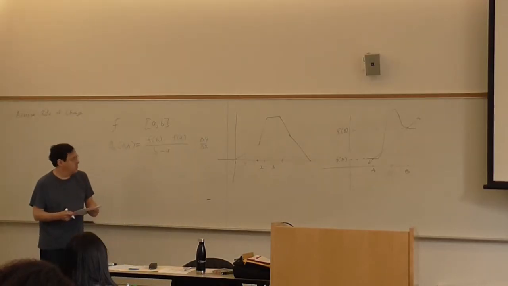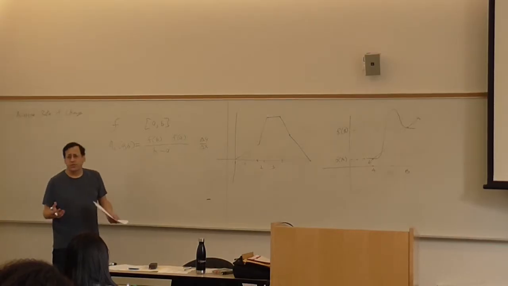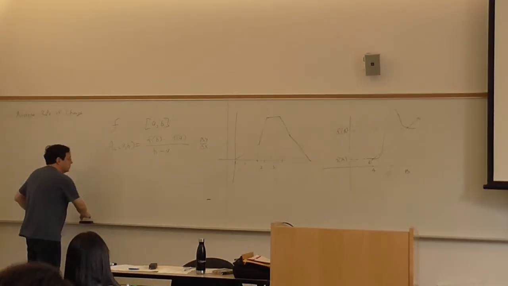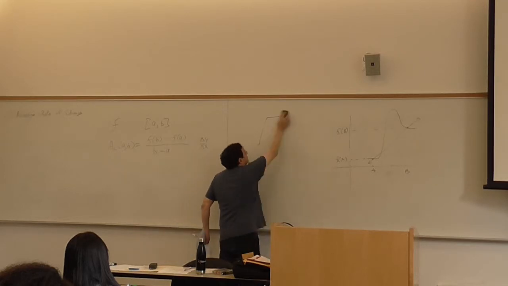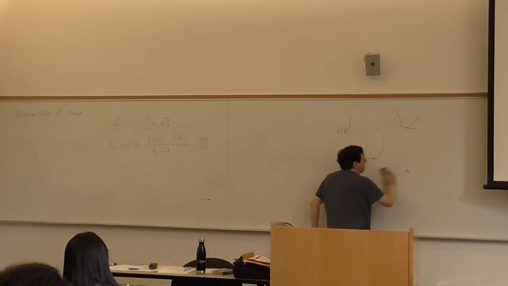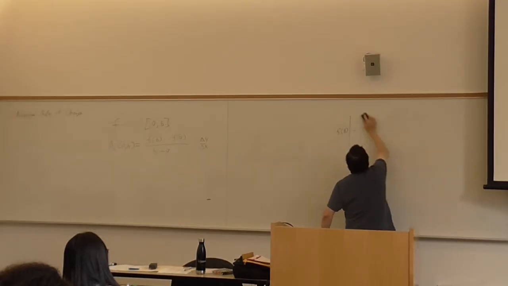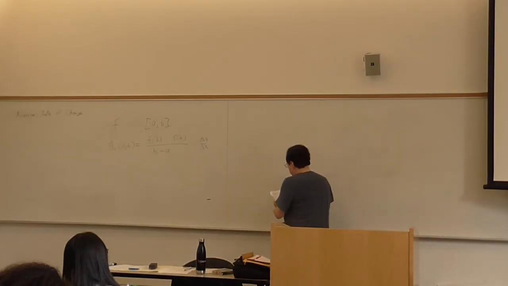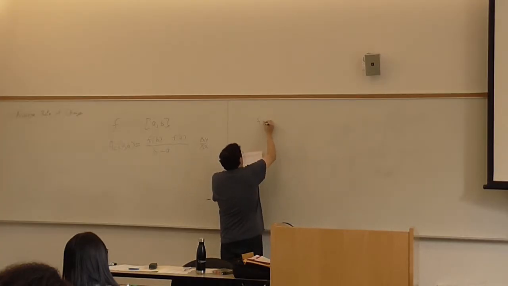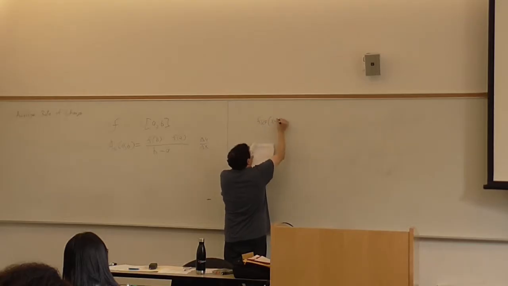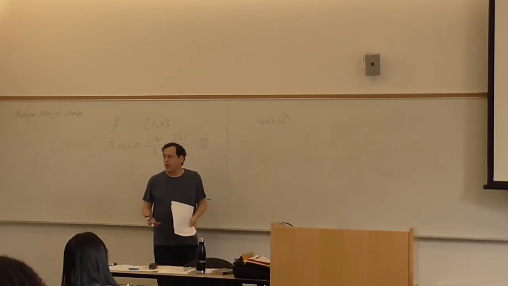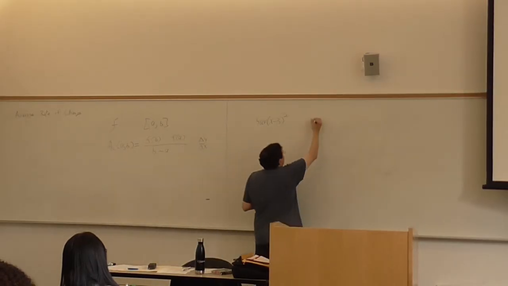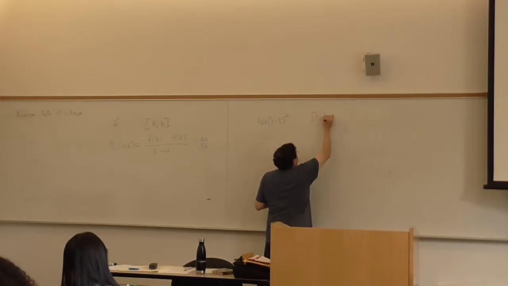So let's take a look at an example. Pure math problem. If my function is f of x equals x minus 3 squared, and I'm interested in the average rate of change on the interval 1 to 3.